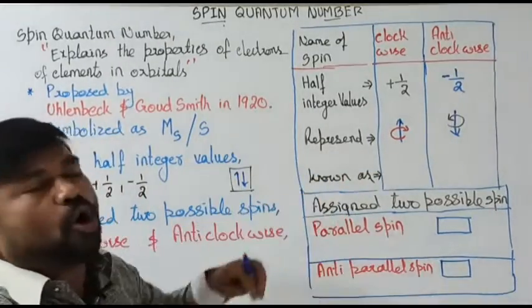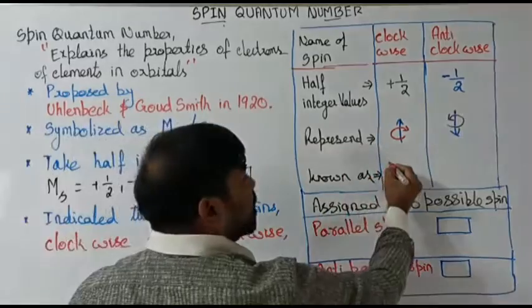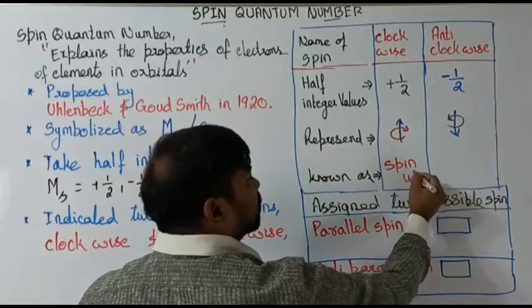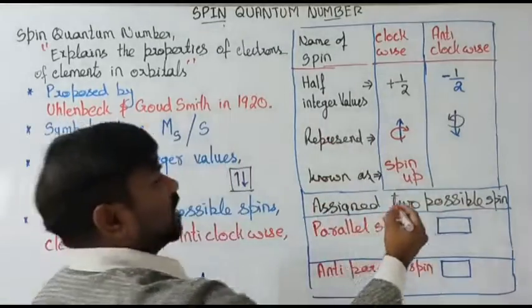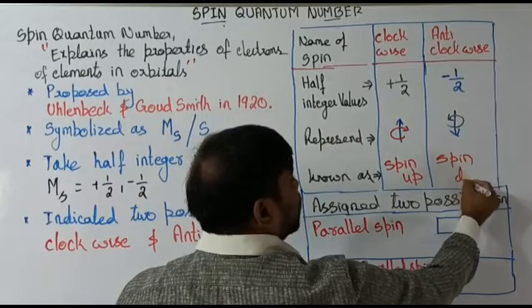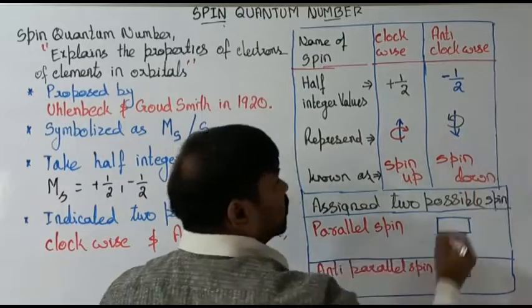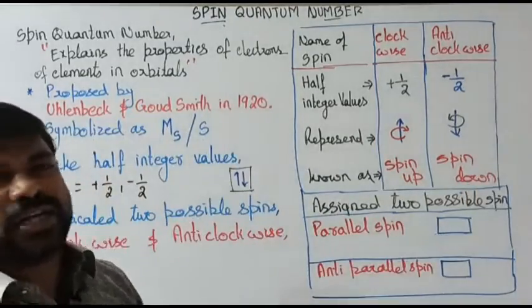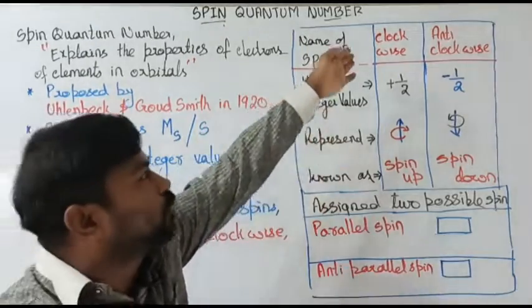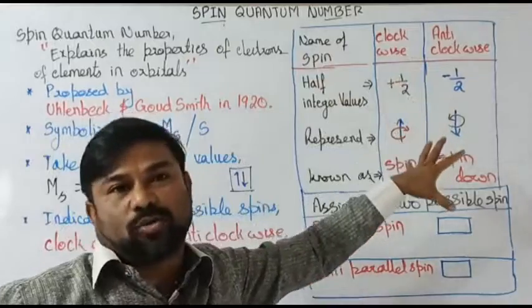Of course, you can also call this spin up, and that spin down. These are the two names we can give. These are the clear explanations for assigning the values and the symbols for both the clockwise and the anti-clockwise direction.